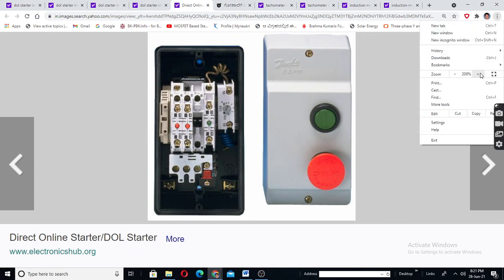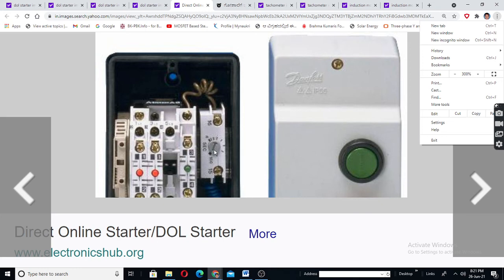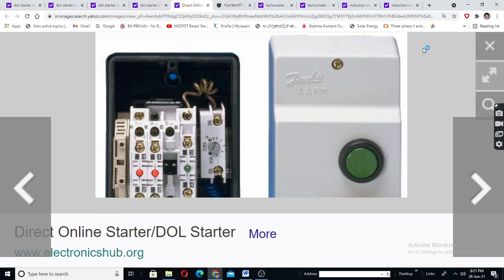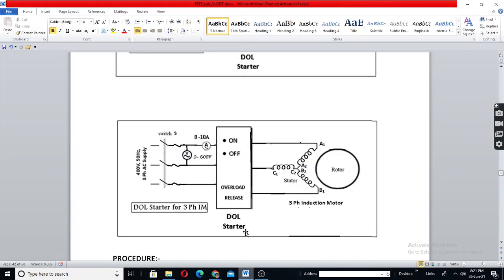You can set the current. See how much ampere you can set here. So if there is overload on the motor, more current will flow. Then automatically the starter will trip. Thereby disconnection happens and the motor is stopped. One advantage is that overload release is there.